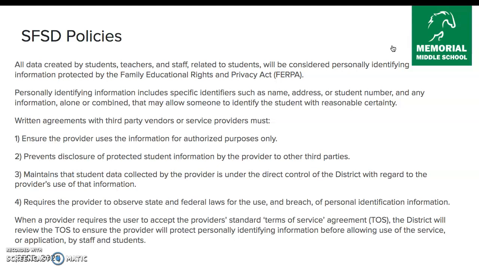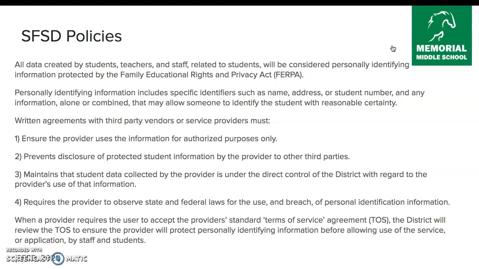So we have written agreements with every third-party vendor or service that we use. We ensure that the provider uses the information for authorized purposes only. Our policies prevent disclosure of protected student information to any other third parties.